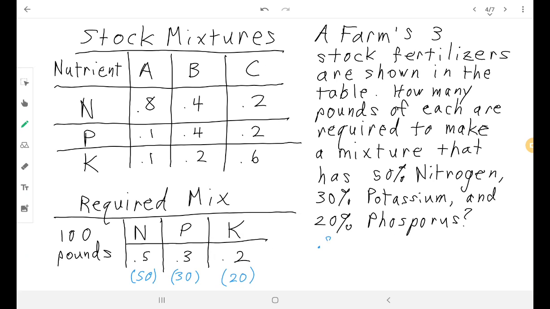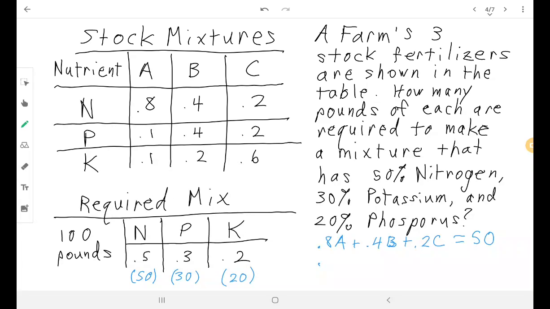And I could say something like 0.8A plus 0.4B plus 0.2C, and that equals the nitrogen mix. And I want the nitrogen to come out to 50 pounds. Okay, so that gives me that.